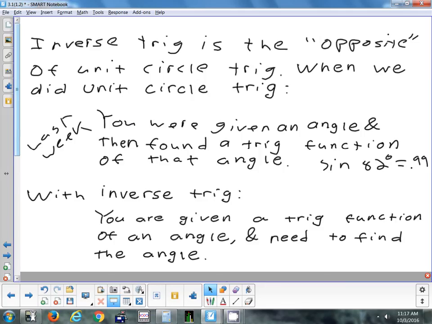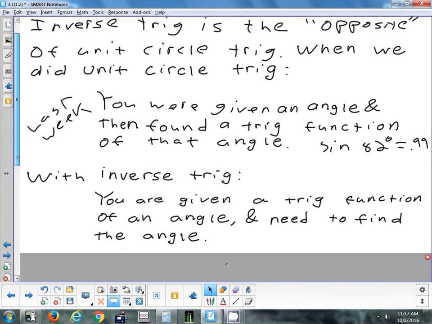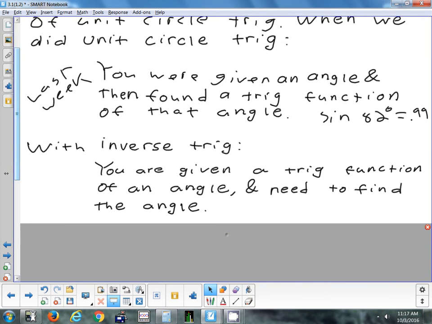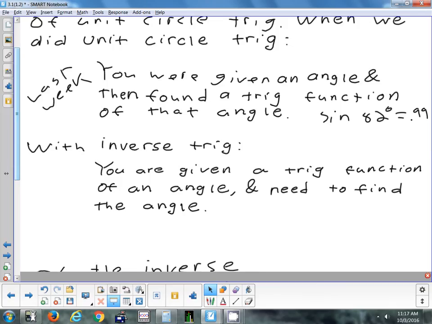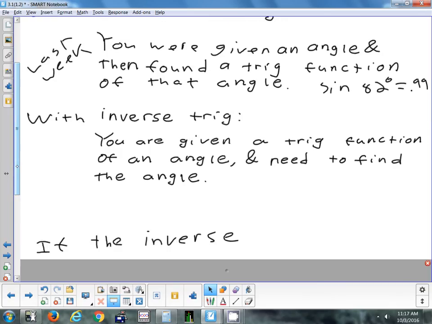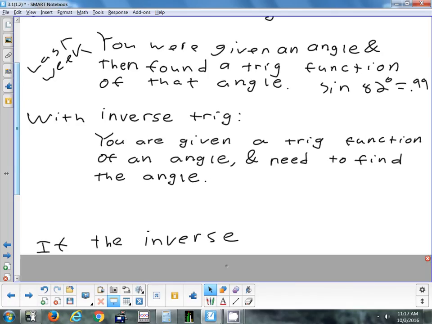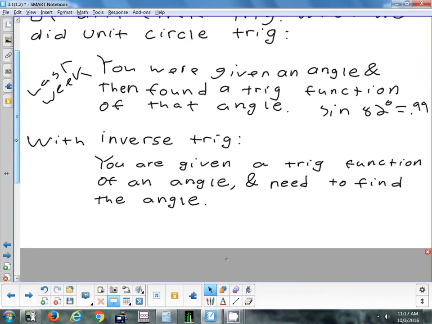I'll give you the answer, and you tell me what the angle would be. And the way we're going to do it is inverse sine, or inverse cosine or inverse tangent. Okay, so any question on how this is different from last week?